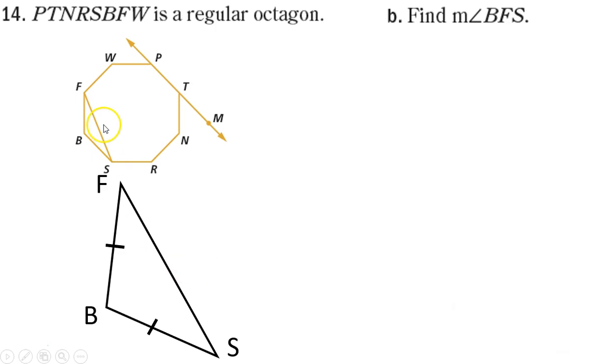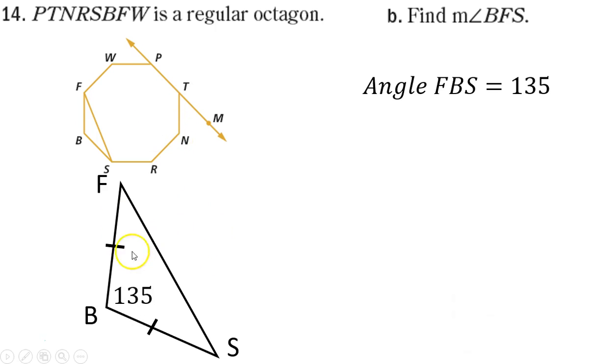From the work we just did previously, I know that angle FBS has to be 135, because it's one of the interior angles of the regular octagon. So I'm going to put that in there. Again, this is an isosceles triangle because there are two congruent sides.